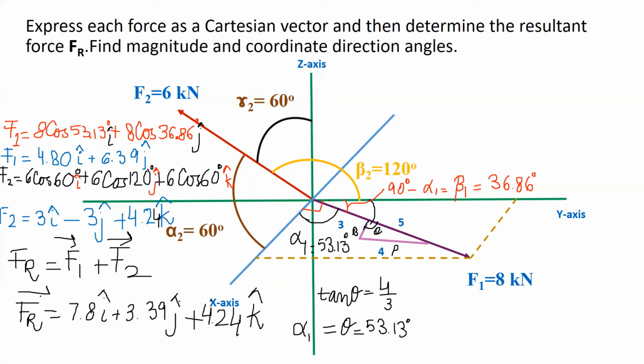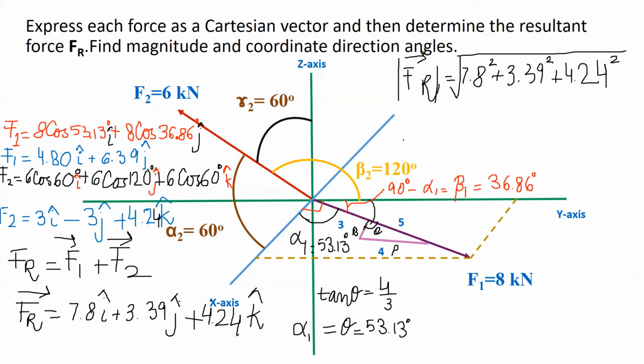Now it is very easy for you to find its magnitude. How can you find its magnitude? FR is equal to 7.8 squared plus 3.39 squared plus 4.24 squared, and then I will take its square root to find the magnitude, and it comes out to be 9.5 kilonewton.